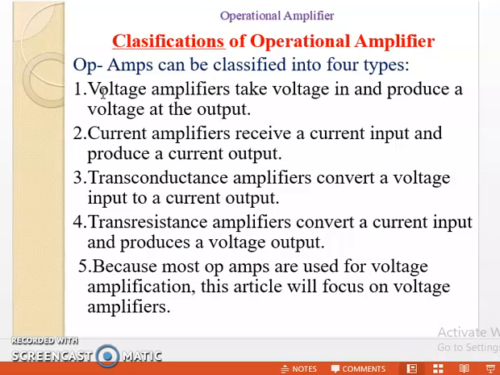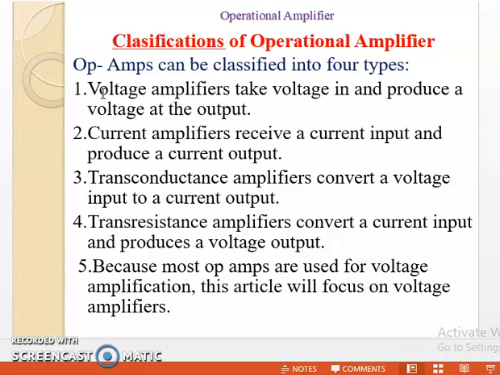Second, current amplifiers receive a current input and produce a current output. Next, number three, transconductance amplifiers. Voltage is input and output is current. That is, they convert a voltage input to a current output.